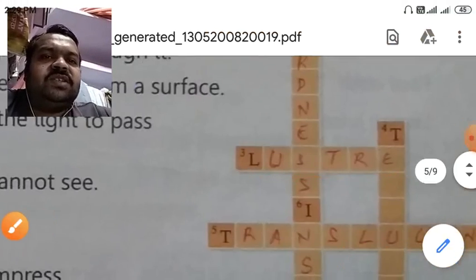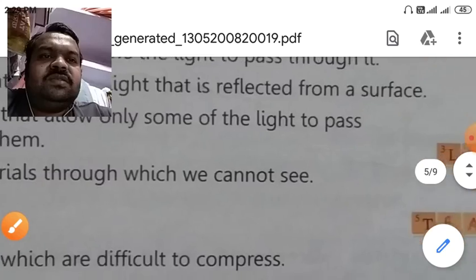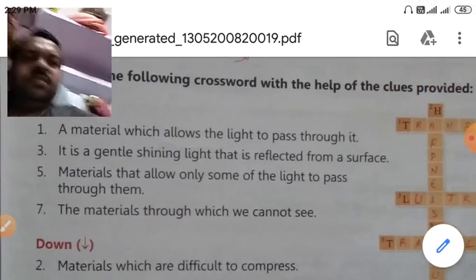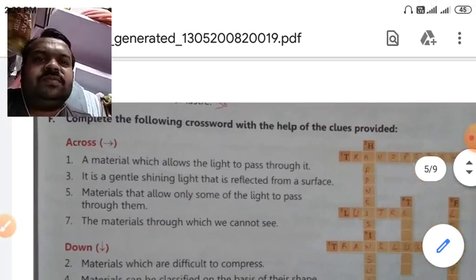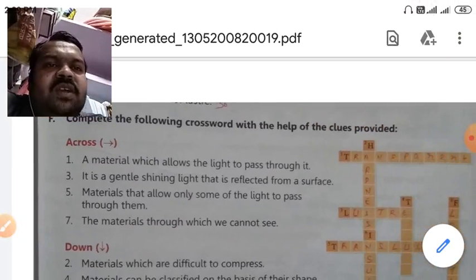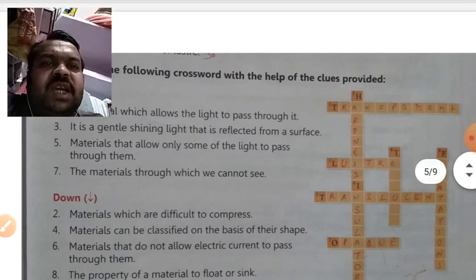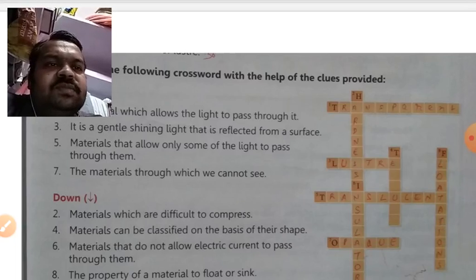Let's see the next. Fifth number, materials that allow only some of the light to pass through them.